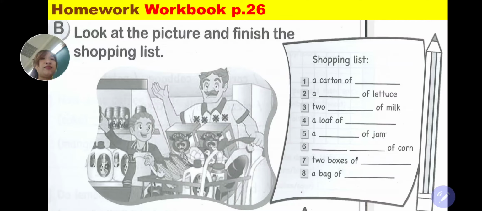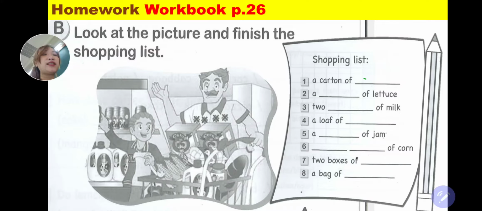I will give you an example. 接下来呢，我要请你帮我在这一页的 shopping list，就是这个购物清单上面完成他要购买的东西有哪些。Number 1, a carton of 一盒的什么 egg?